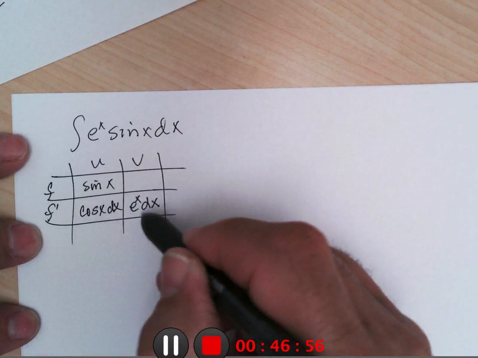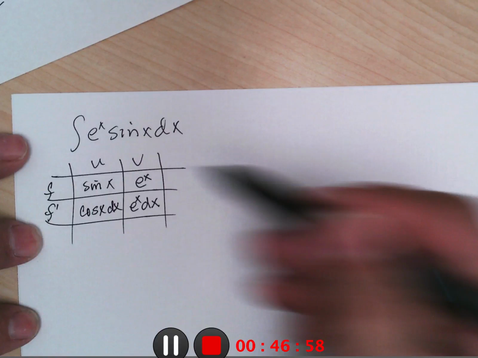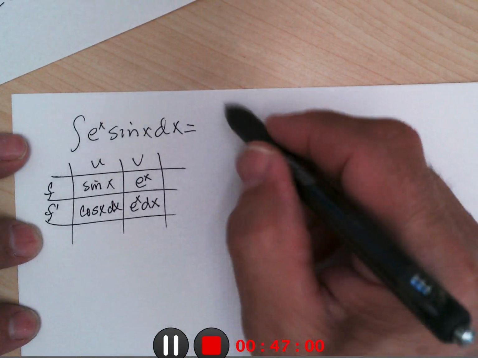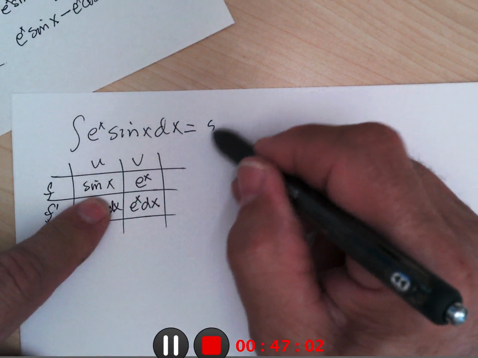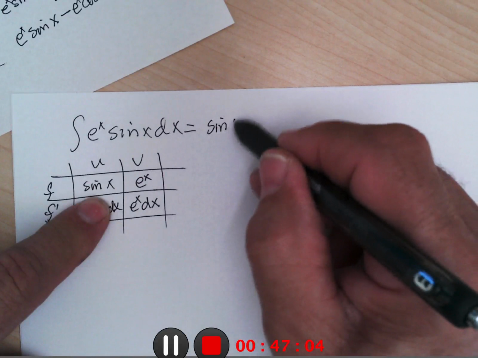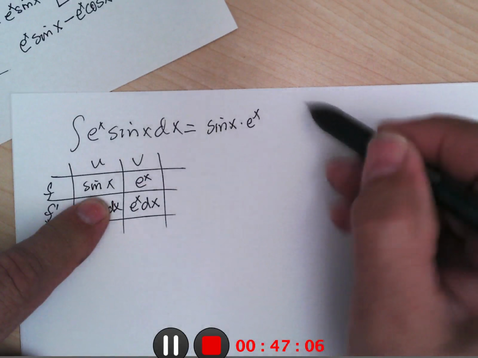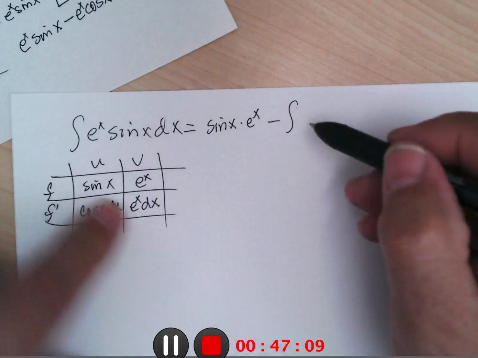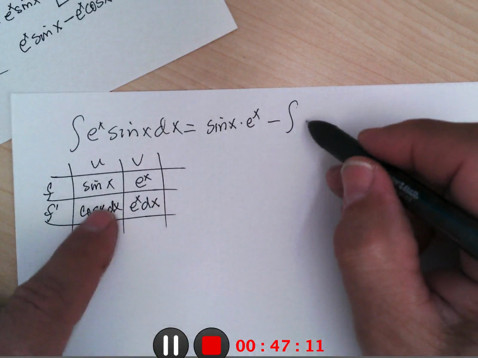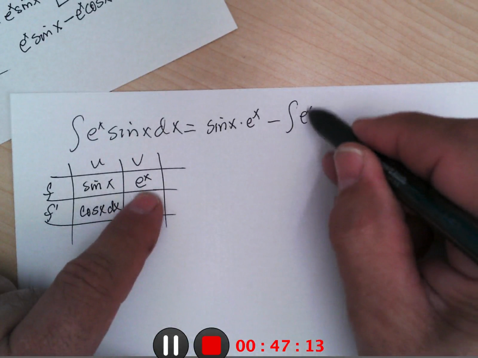Antiderivative would be e to the x, and this would become uv, sine of x times e to the x minus the antiderivative of e to the x cosine x dx.